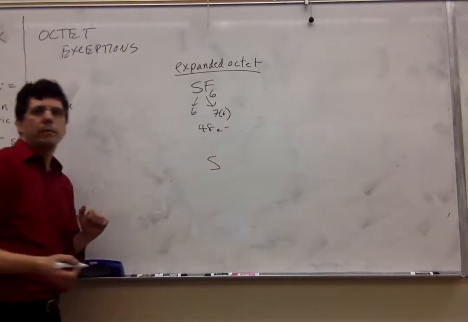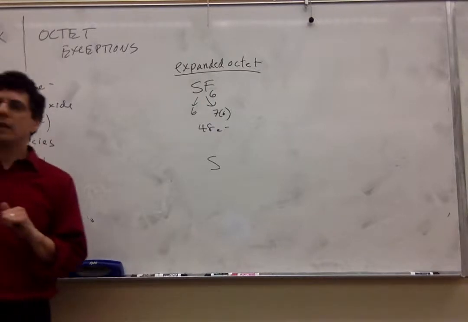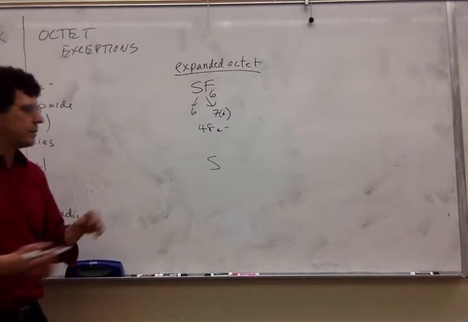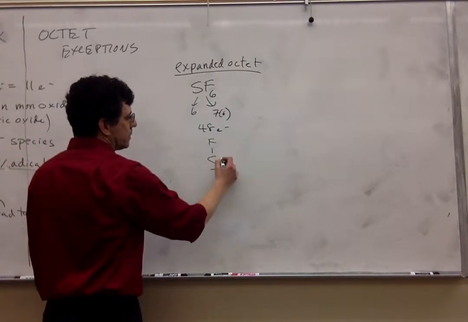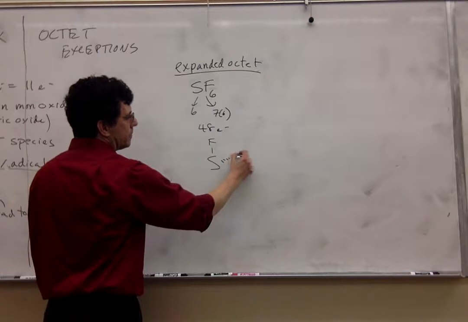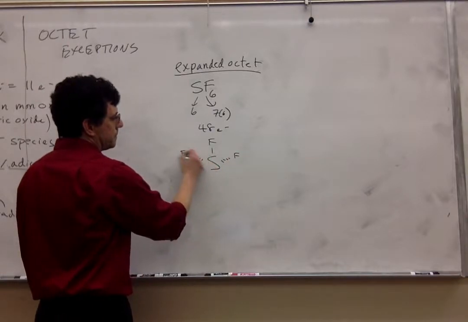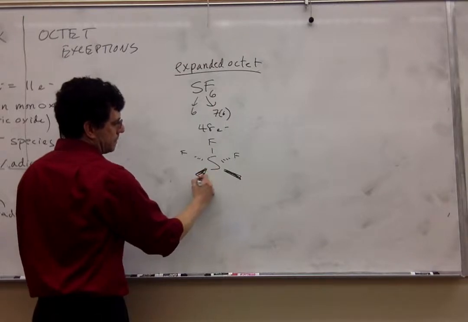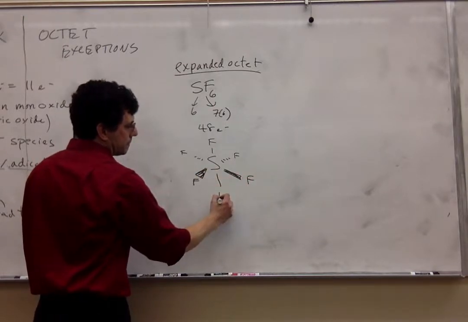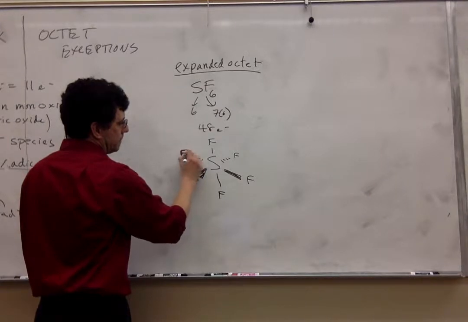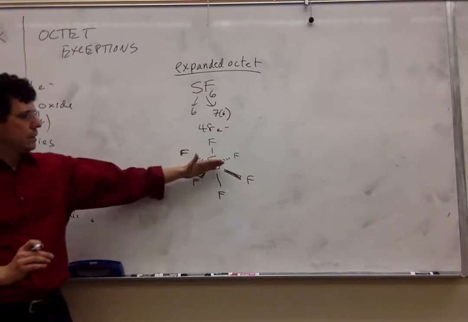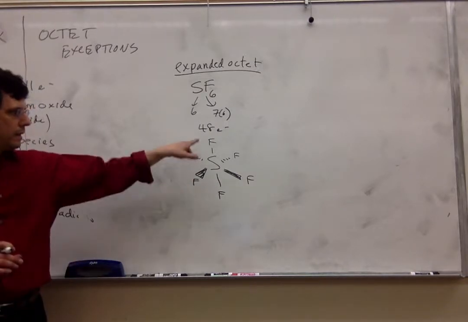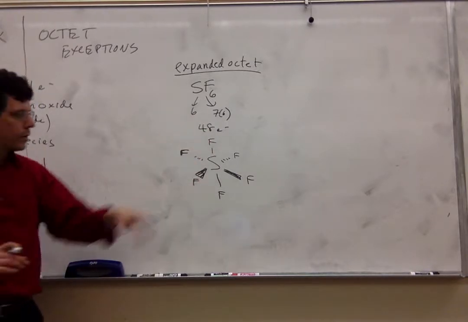So if we go with our method, least electronegative atom in the middle, more electronegative atoms outside, we do end up with a structure. I'll give it some perspective here. The darker lines are coming out at you, the dashed lines going behind, and these 2 fluorines are in the plane of the board.